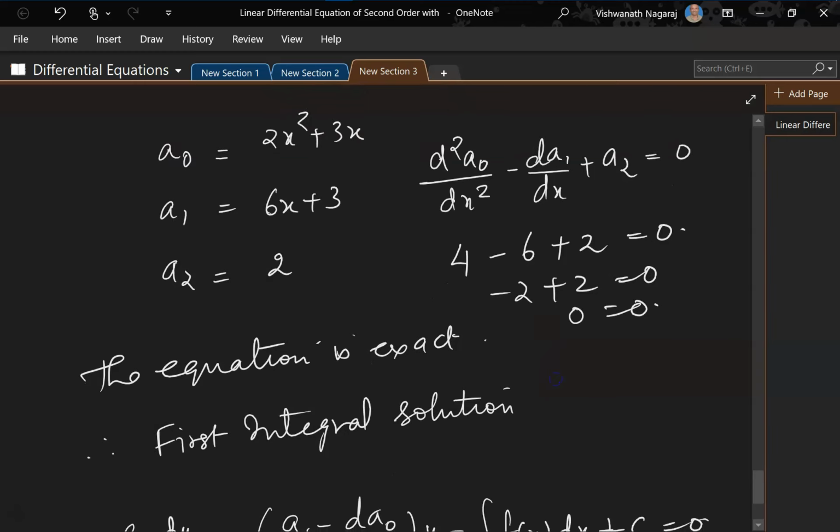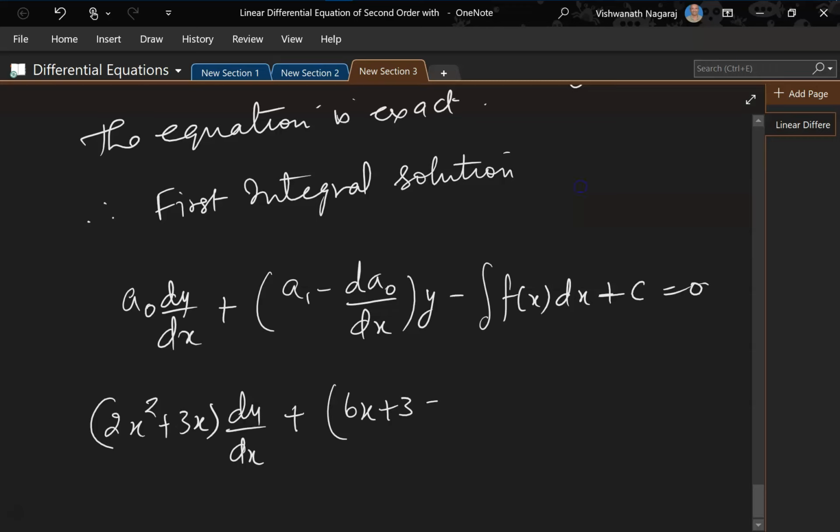First derivative of a naught is 4x plus 3, so minus 4x minus 3, so 3 gets cancelled, y minus integral of, now f of x is x plus 1 e to the power of x dx plus c equal to 0.